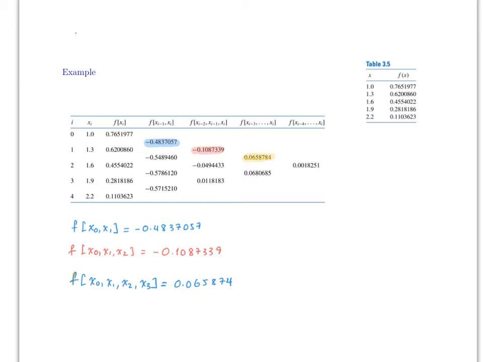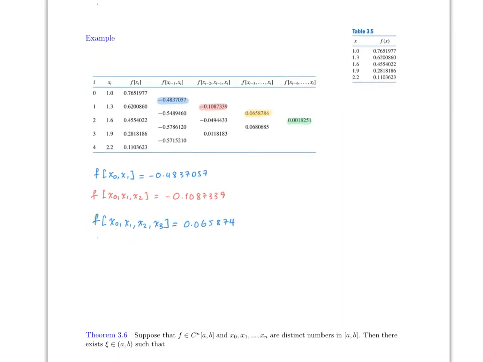And obviously the last one is f of x0, x1, x2, x3, and x4, and this is equal to 0.001825.